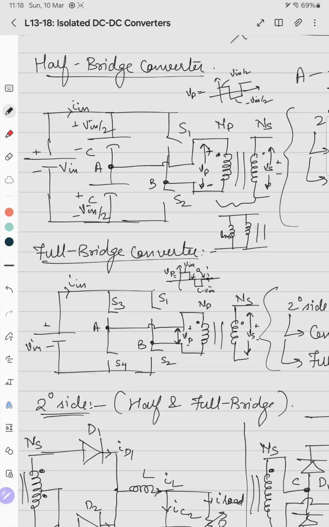So basically, if this is the secondary leaving the dot, here it enters the dot, so this is IS dash, this is IS, and this is IM, and this is I primary.